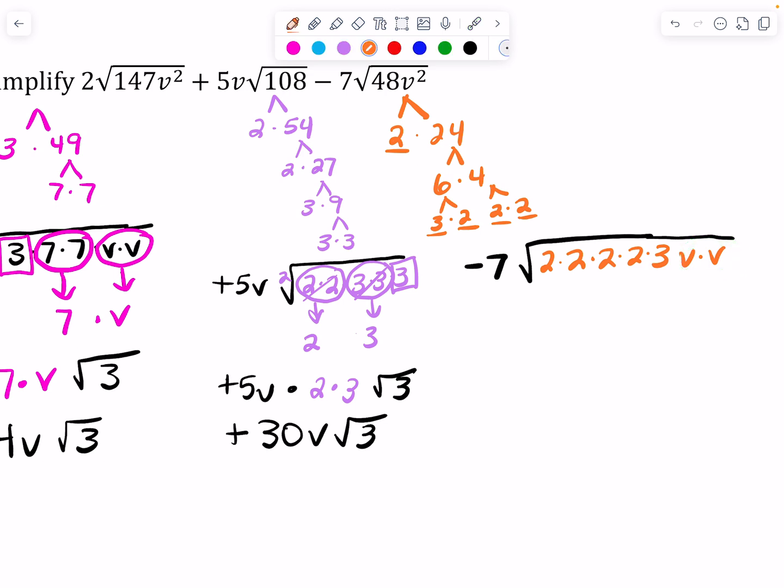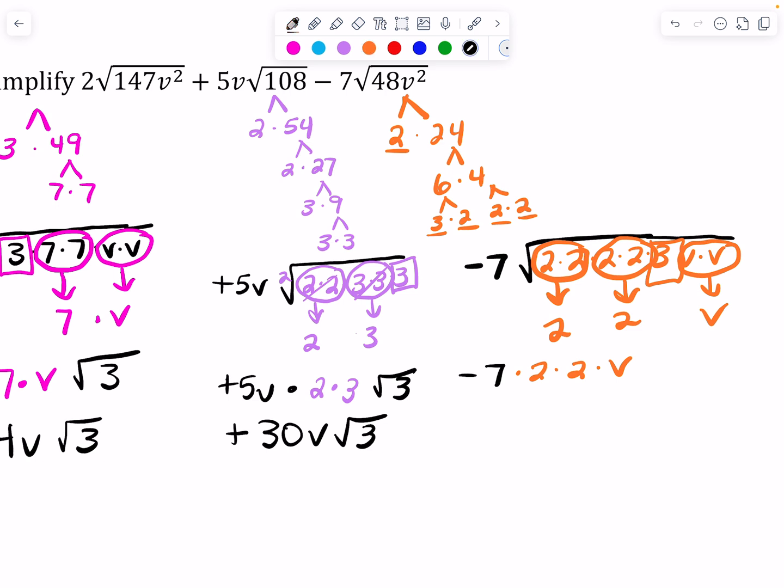So now we're looking for groups of 2. We've got 2 2's. We've got 2 more 2's. We've got 2 v's. And then you'll see we have this 3 left over. So on the outside of our radical, we end up with negative 7 times 2 times 2 times v.